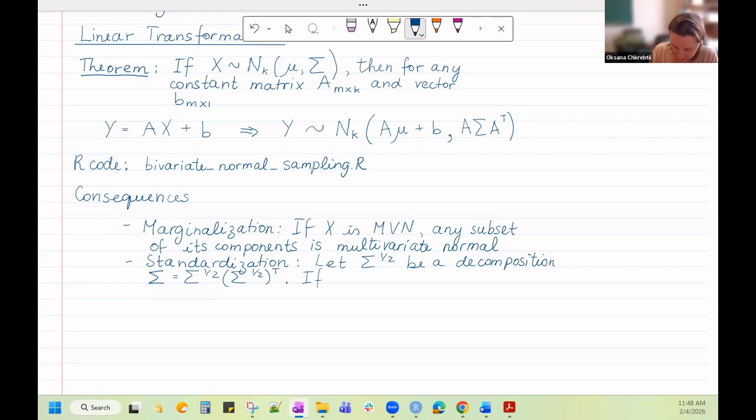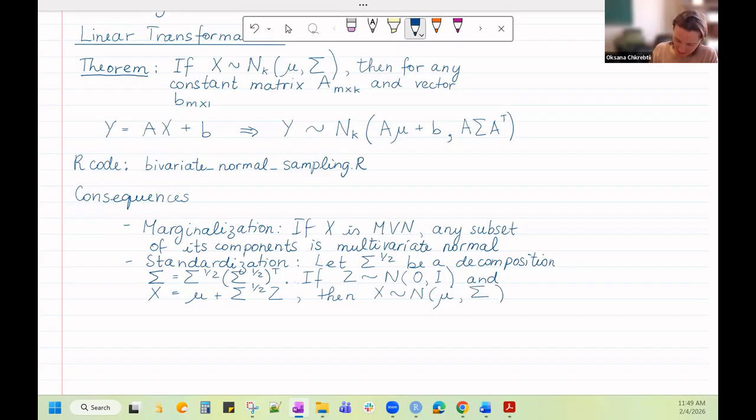Suppose that Z is a standard normal random variable. So standard normal means it has a mean of 0 and that the covariance matrix is the identity matrix. And suppose that X is given by mu plus sigma to the 1/2 times Z. Then X will follow a normal distribution with mean mu and covariance matrix sigma.